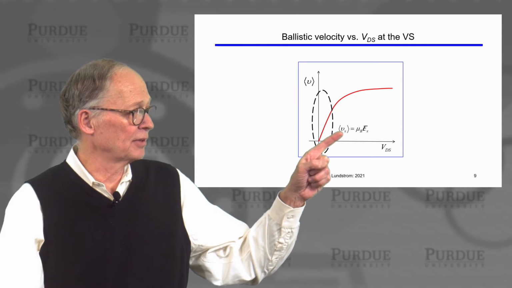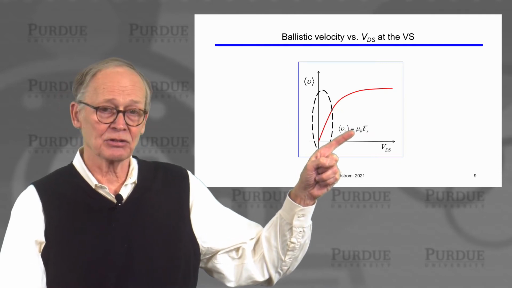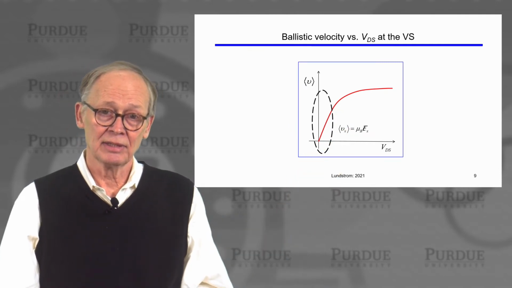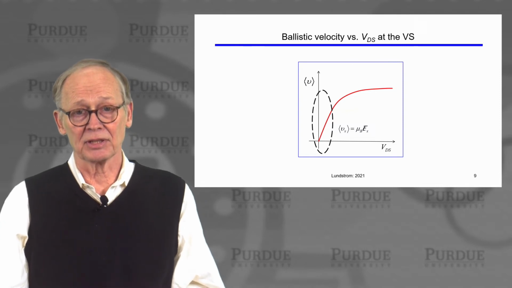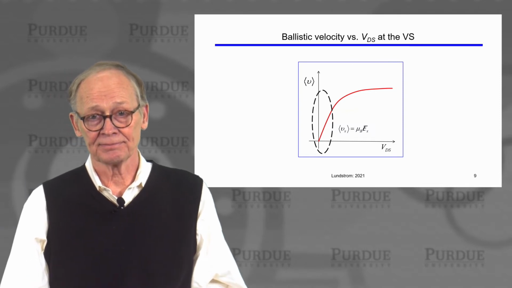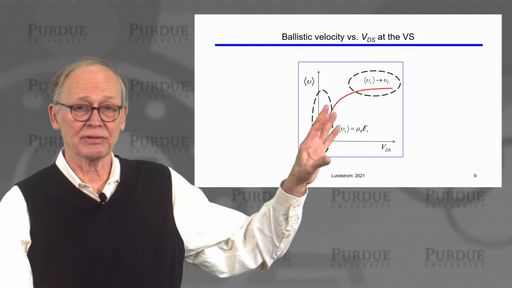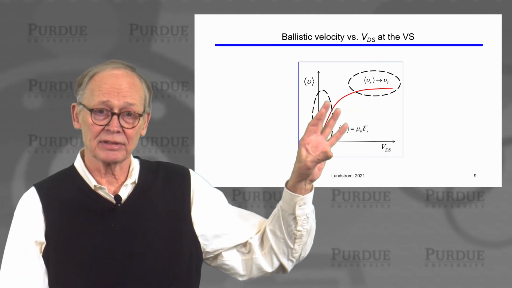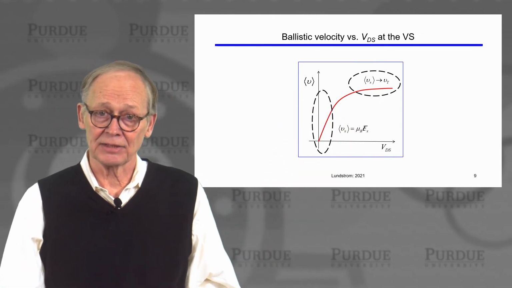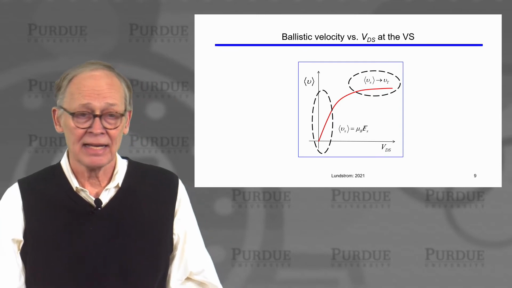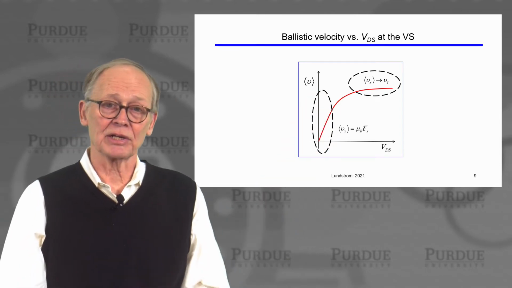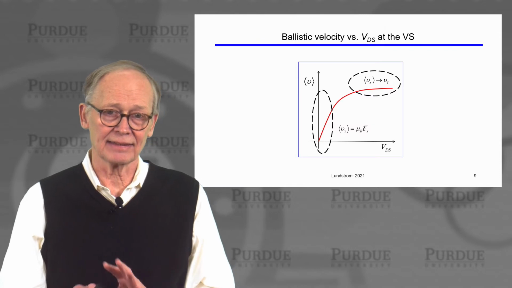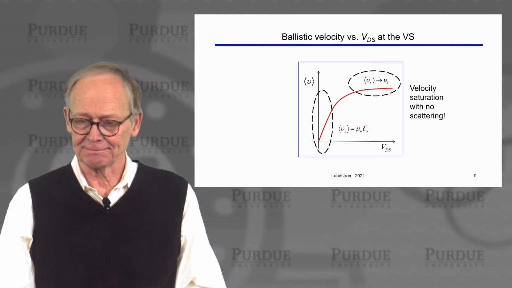But instead of the velocity being the conventional mobility times electric field, the velocity is the ballistic mobility times the electric field. And then the velocity saturates under ballistic conditions at the top of the source, at the virtual source, top of the barrier, and it saturates at this unidirectional thermal velocity, not at the high field scattering limited velocity.